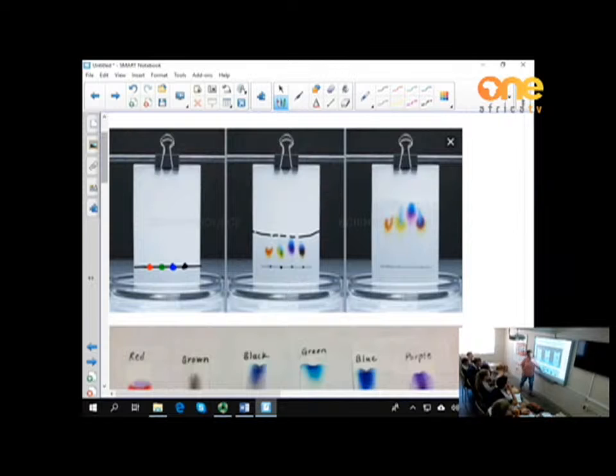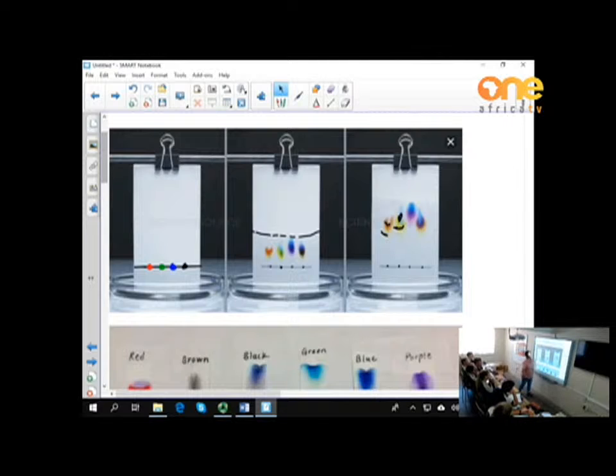A little while later, this is what we get. The spots have moved. We can see that the red ink that we started with is starting, very slowly, to separate there. You can see some yellow and there's some orange. Okay? The green ink we started out with very clearly contains yellow and blue.